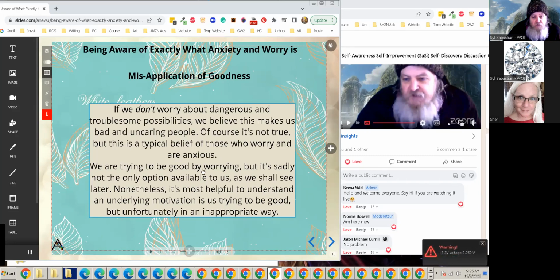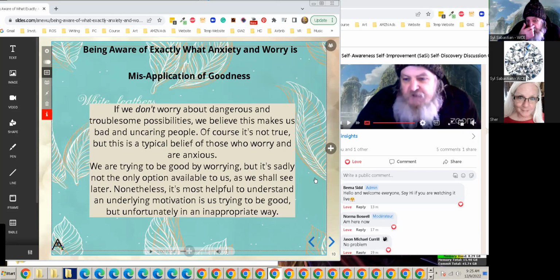We are trying to be good by worrying, but it's sadly not the only option available to us, as we shall see later. Nonetheless, it's most helpful to understand that the underlying motivation is us trying to be good, but unfortunately in an inappropriate way. So now we have to say, whoa, wait a second.